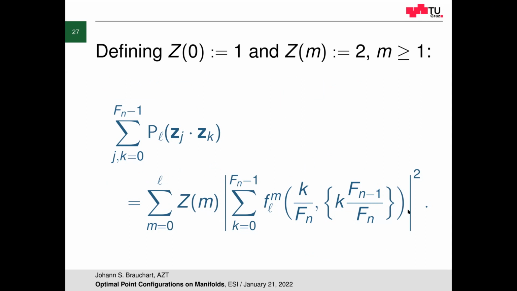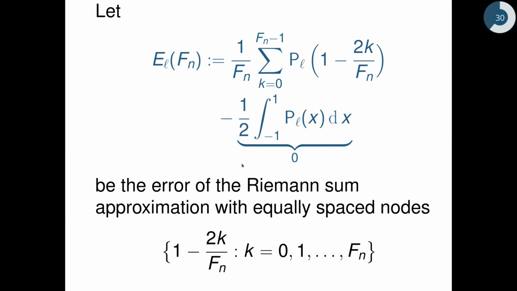So what are those expressions in this square here? Well, first of all, you can see that the sum with the Legendre polynomials is just a Riemann sum approximating the given integral with respect to equally spaced nodes. This integral is 0 because of orthogonality properties of the Legendre polynomials.